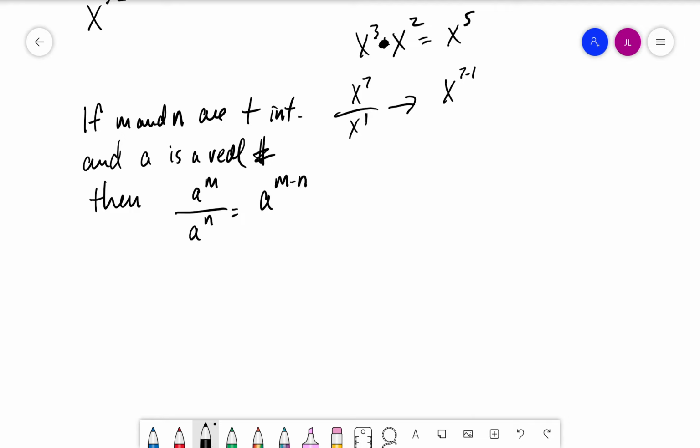So if we have something like x to the 6th over x to the 4th, that's the same as x to the 6th minus 4, which is x squared.